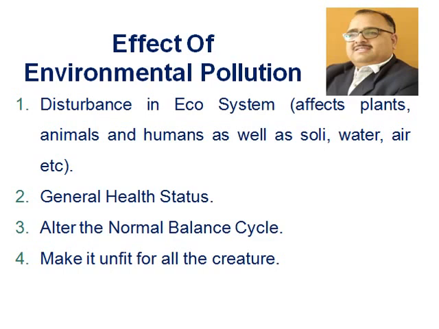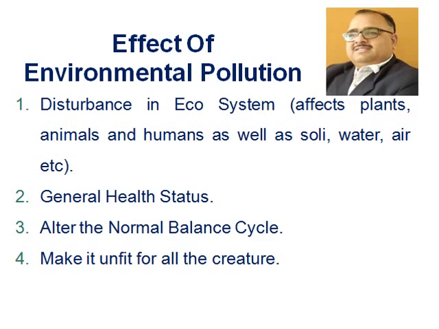The third important thing is that there is an alteration in the normal balance cycle. As we know, there are certain cycles known as the oxygen cycle and the carbon cycle. So when environmental pollution increases, the level of carbon dioxide and carbon monoxide will increase in the environment.